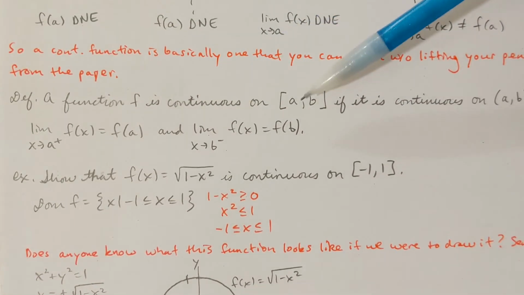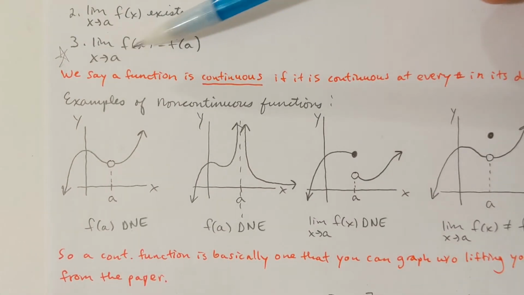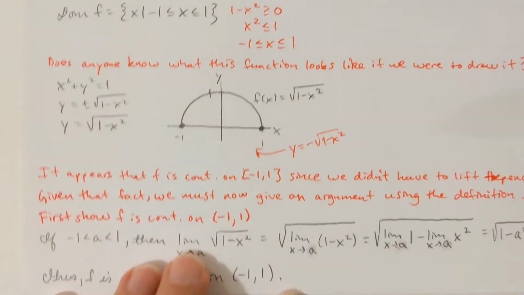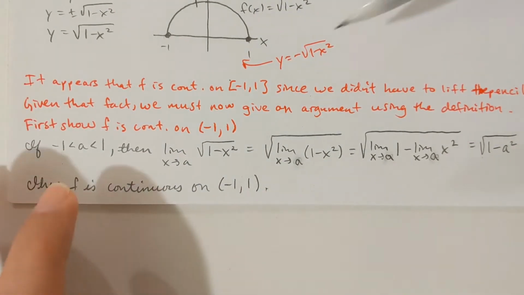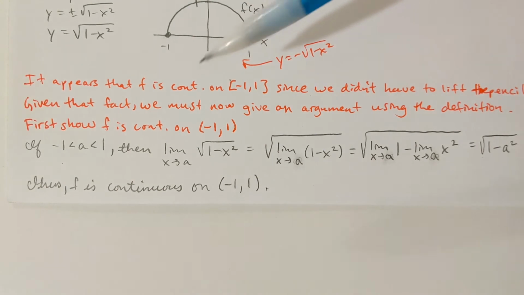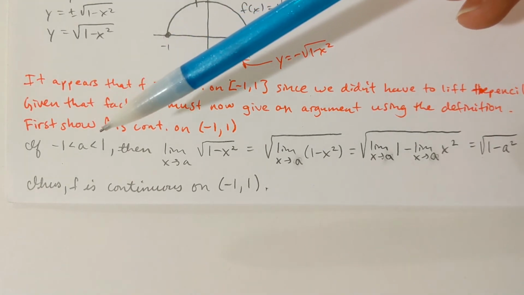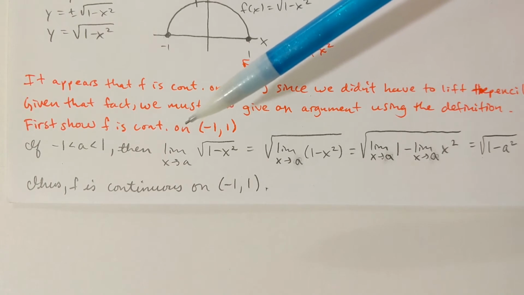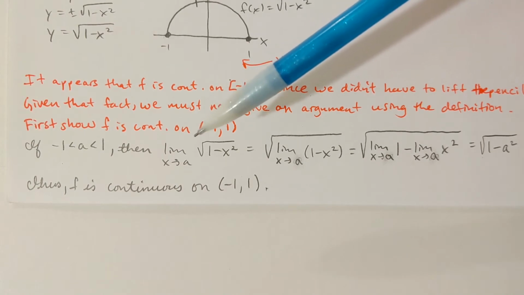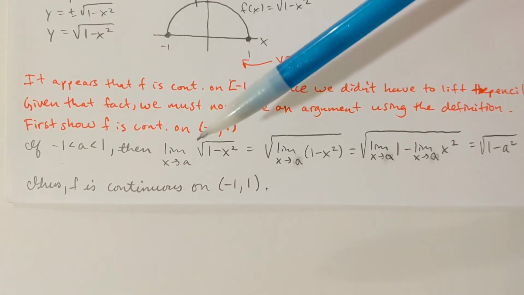Okay, and I'll be using the definition of continuity. Okay, that's this starred statement right here. All right, so let's see. If I let a be some number between -1 and 1, then I want to show that the function is continuous on the open interval.